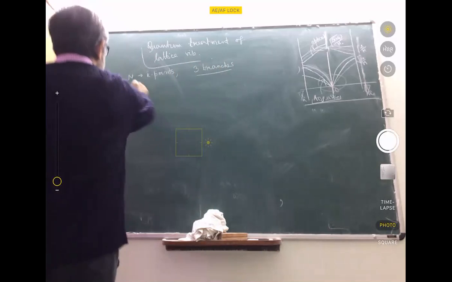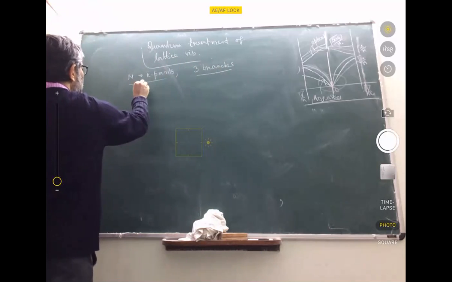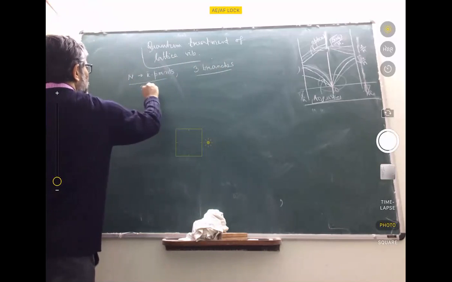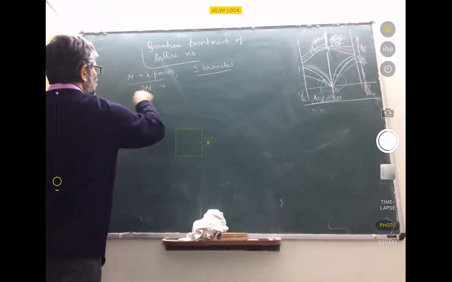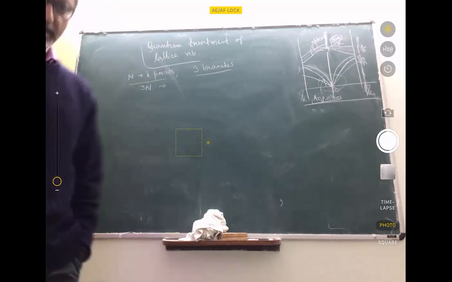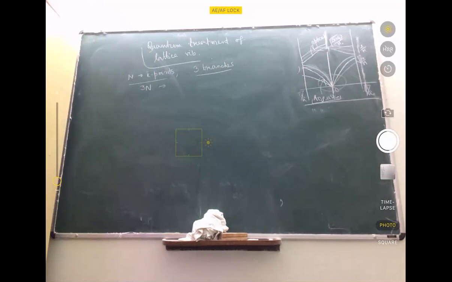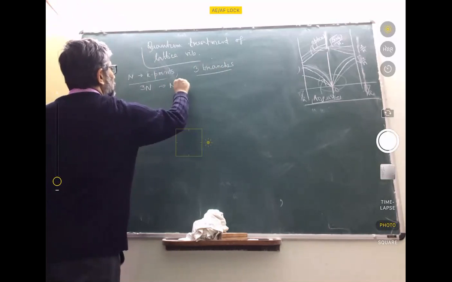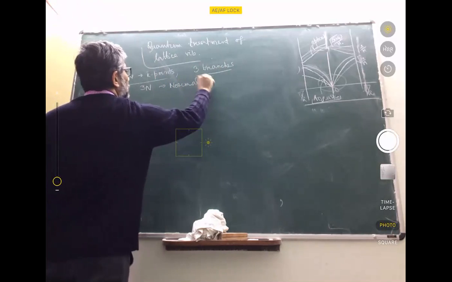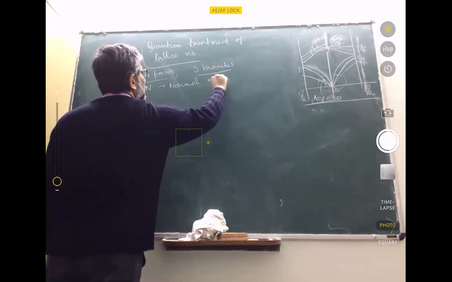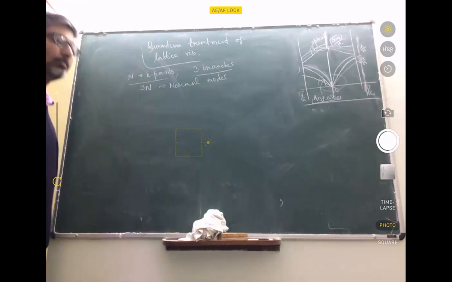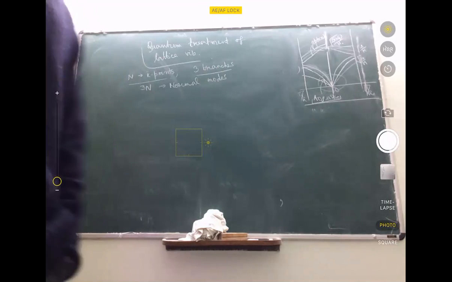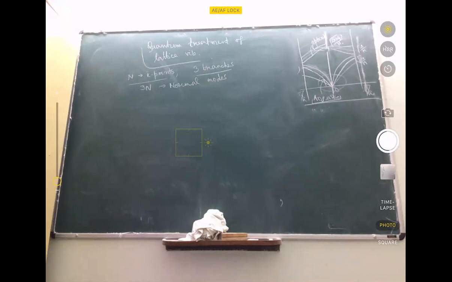If I have a monatomic lattice, then these are the 3N oscillations at these N k points and the 3 branches, a total of 3N. So these are the normal modes of the N atoms that we have in the crystal in 3D.